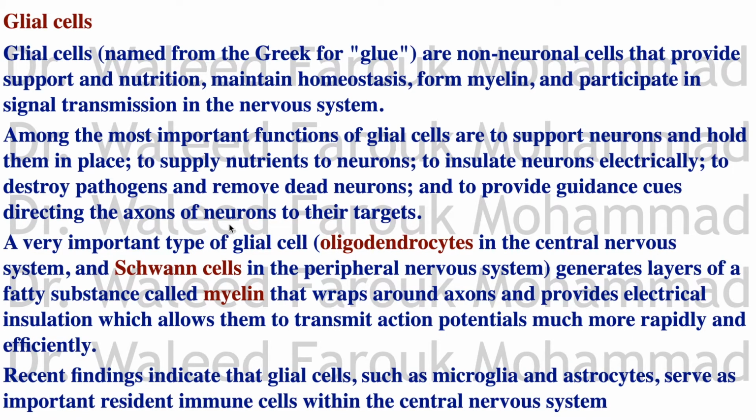Glial cells are the connective tissue of the nervous system. They have the functions of connective tissue, that is to support the various neurons of the nervous system. They supply them with nutrients and insulate neurons electrically to prevent the spread of the nerve impulse to nearby unwanted neurons.